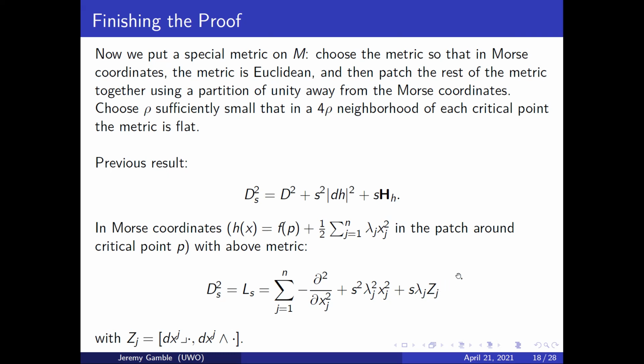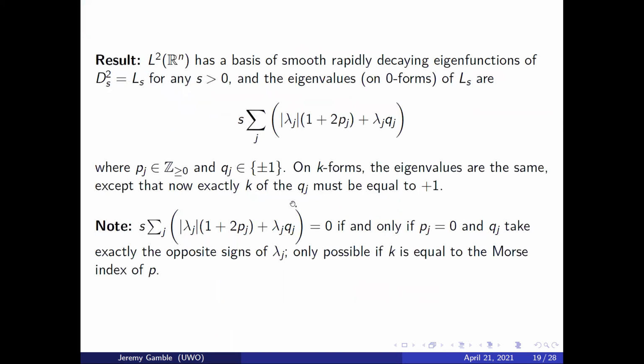And it turns out that this Zj actually commutes with LS. So you can diagonalize these simultaneously, and you can easily compute the eigenvalues of this perturbed harmonic oscillator by looking at what the eigenvalues are from the original harmonic oscillator.